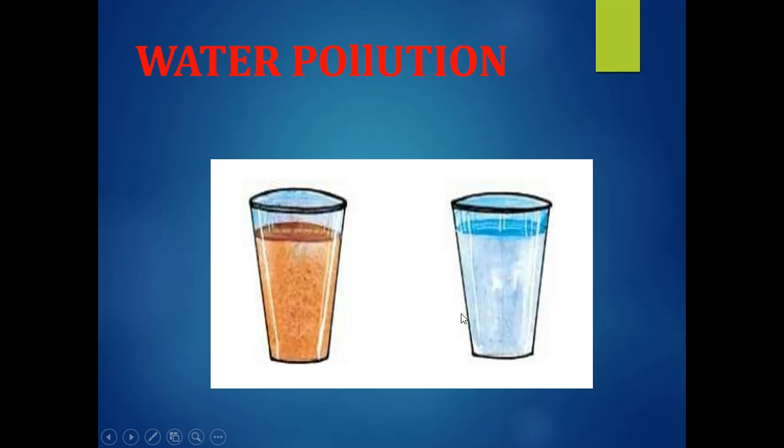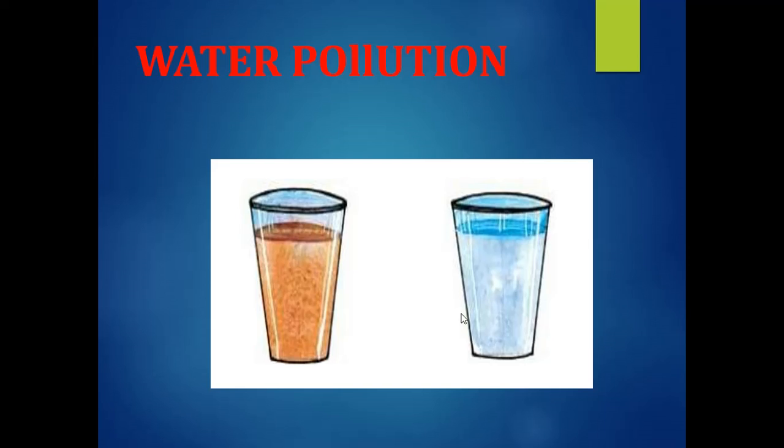You know that we use water from different sources. Sources in the sense of from where we are getting the water. So children, say, from where do you get water?